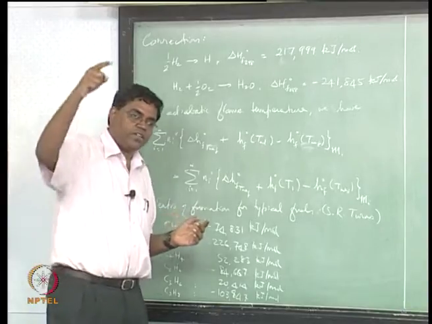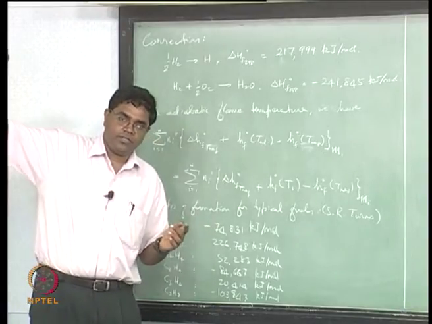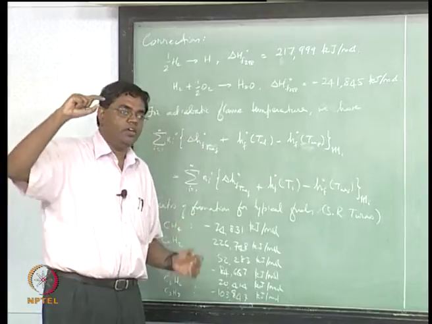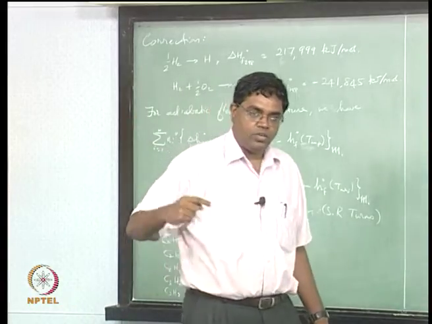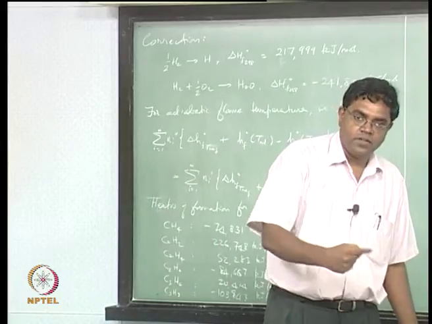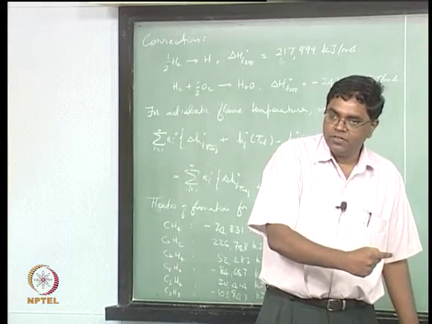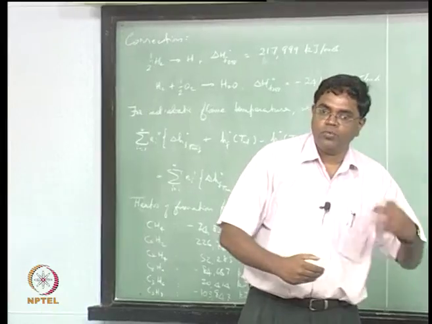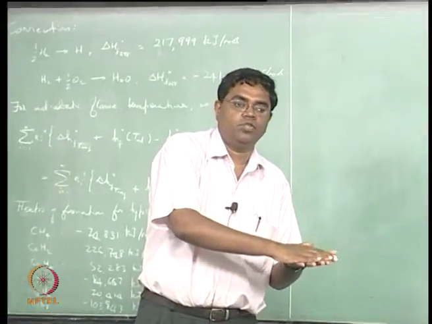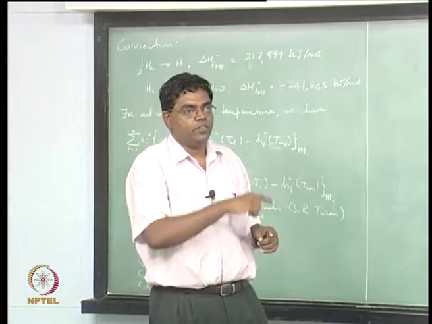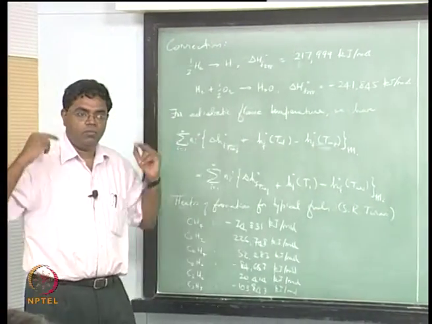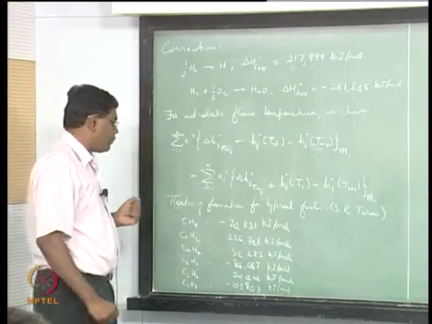So it's like a circuitous path, thermodynamically speaking, that we are taking: from the reactants' state to their standard state, then forming the reference elements from the reactants, using the reference elements to form the products, and then raising the temperature of the products. This is the circuitous path that we have in our minds while doing this.